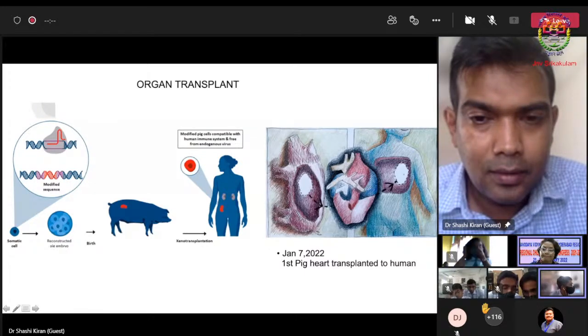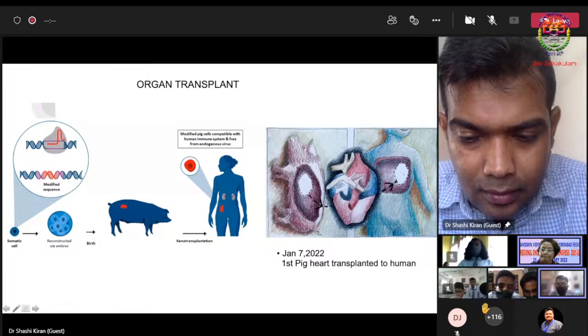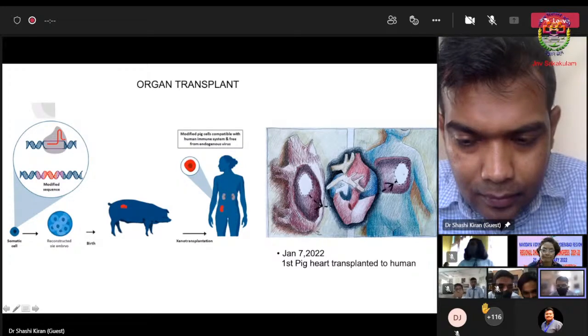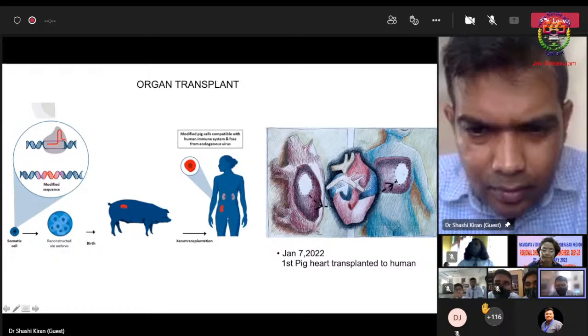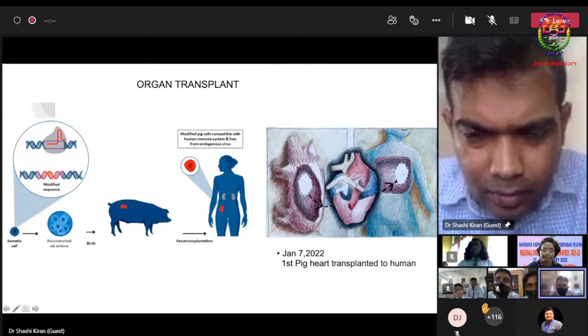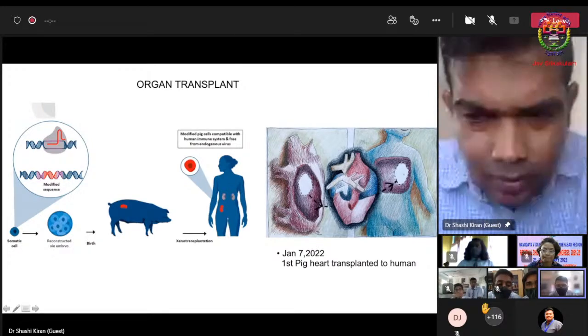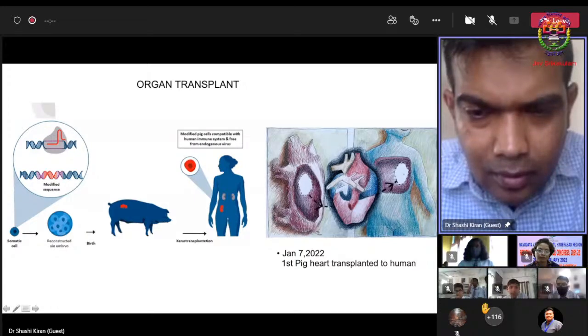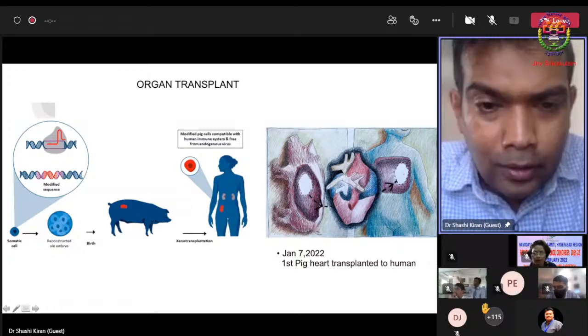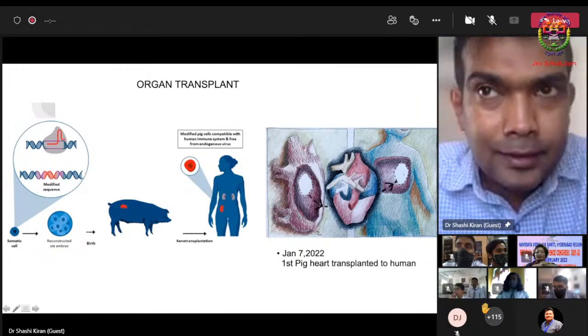Madam, sir, why was the pig chosen as the recipient for the heart transplant? Is it because there are already some similarities, or can theoretically any organ's heart be transferred if there are structural similarities? So the work on transplantation has just begun, and why did they choose pig?